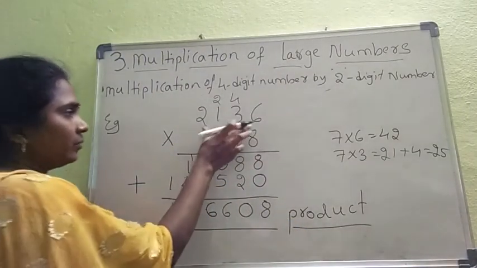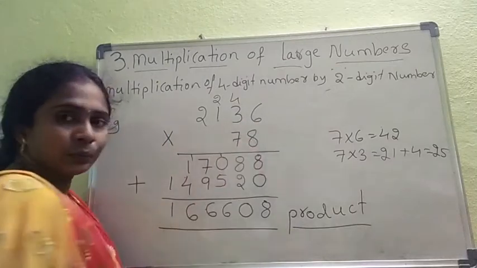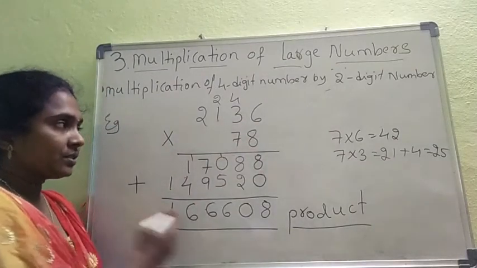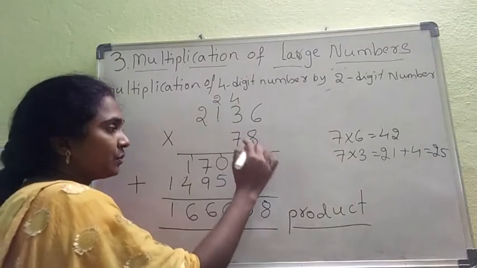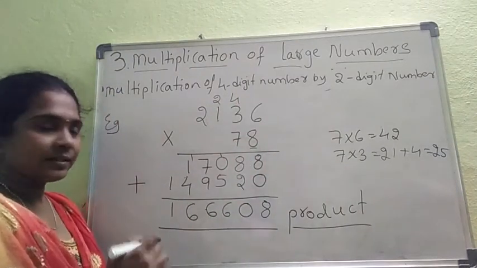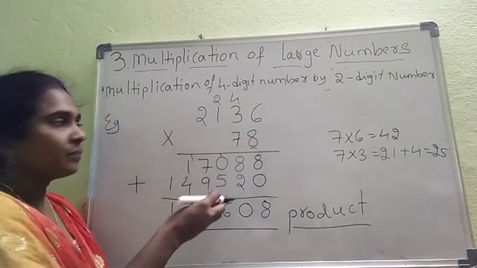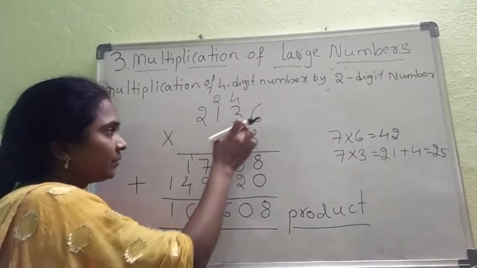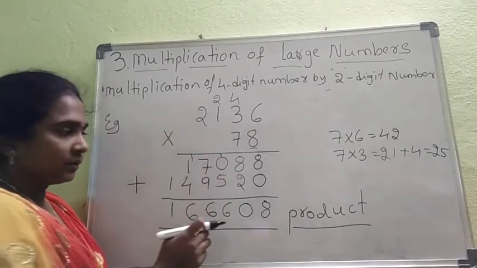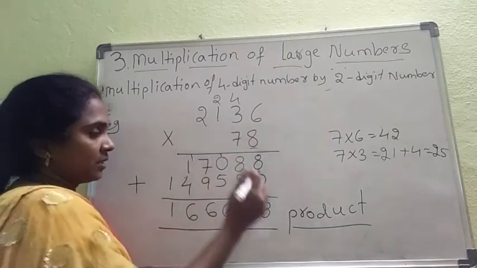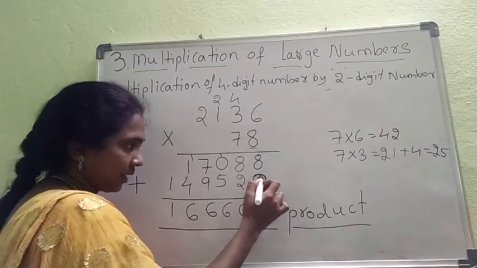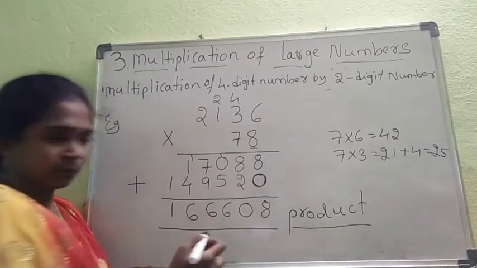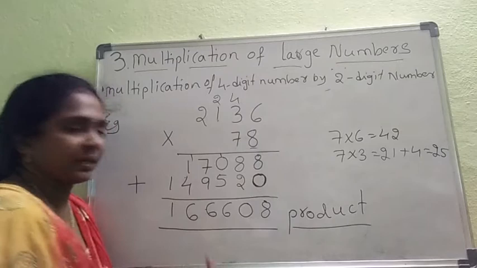We multiplied a 4-digit number by a 2-digit number. What is the first step? That the given number should multiply with the ones place. That means with the ones value. Next step, you should multiply with the tens place value. Whenever you multiply in the tens place, the first place you will keep, that means you put 0 in the ones place, right?